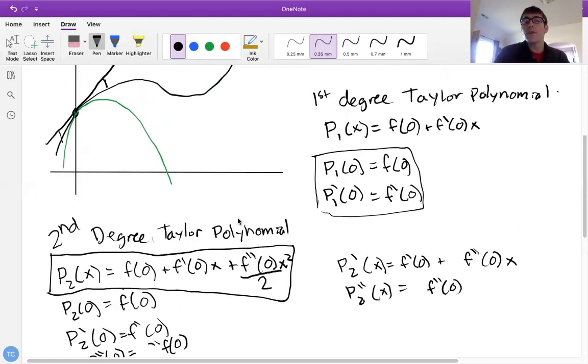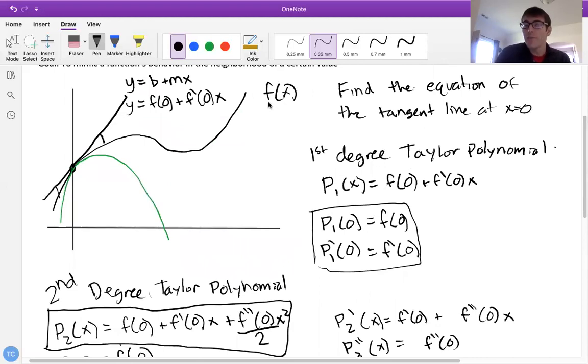So if we knew the derivatives of f, this would tell us what the equation for this green parabola should be. And as you can imagine, if we allow for a cubic, a higher degree polynomial, then we can get better and better approximations of f of x.